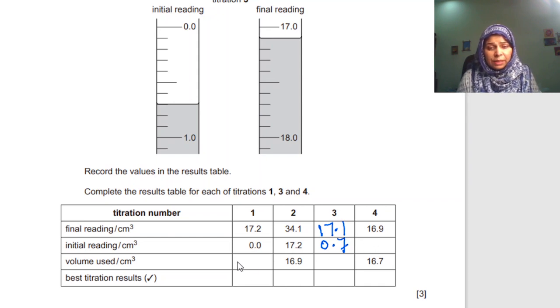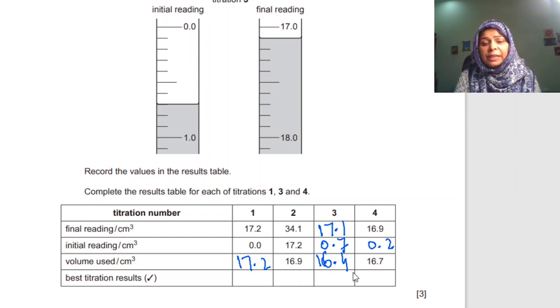So we have to subtract these values. 17.1 minus 0.7, it will become 16.4. Yes, it will become 16.4. Now we have to look at these numbers: 17.2, 16.9, 16.4 and 16.7.